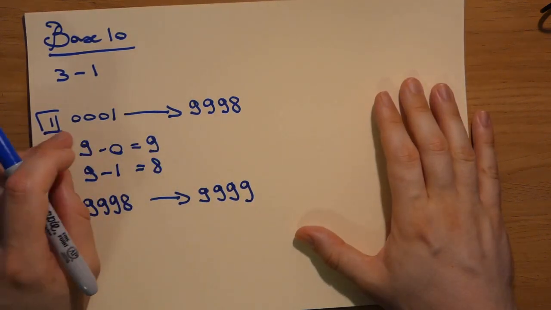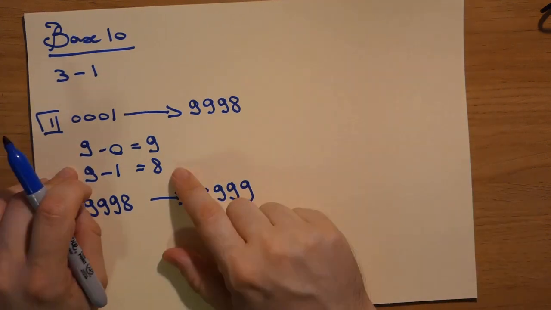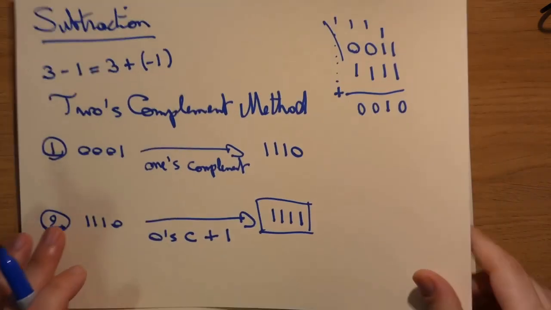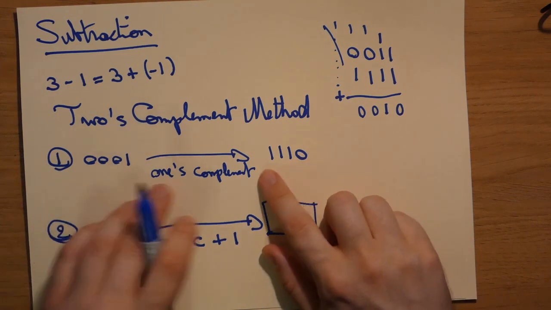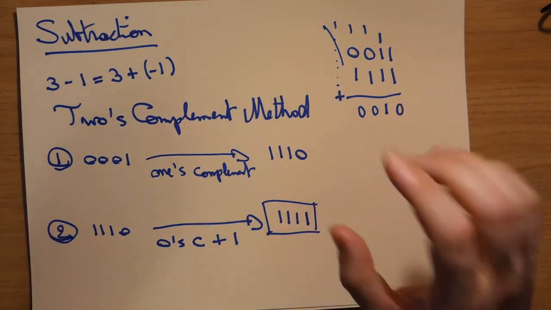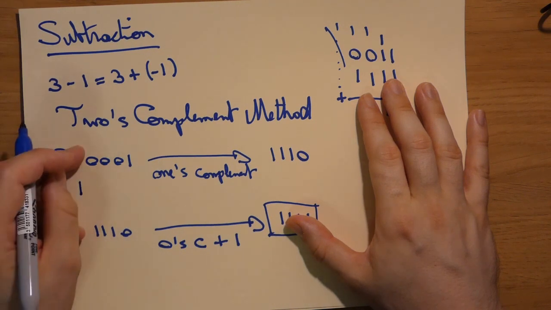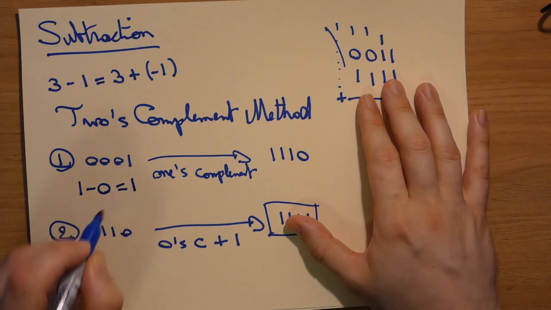Maybe you're thinking, okay, is this really equivalent to what we did in base 2? Well, yes it is. We were flipping the bits. Now, what does that mean? I take the largest numeral in base 2, which is 1, and I subtract the digit. 1 minus 0 is 1.